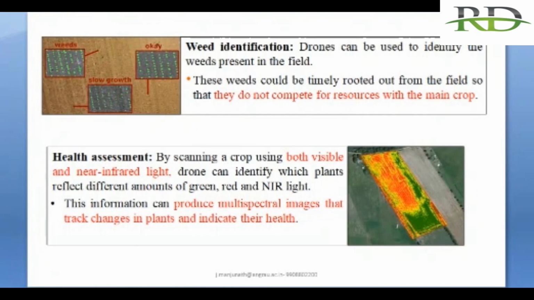We also observe near infrared in RGB cameras for health assessment. If the plant is more red, it is diseased and has more pests. If it is green, it is healthy. Like this, we can do plant health assessment. Next.